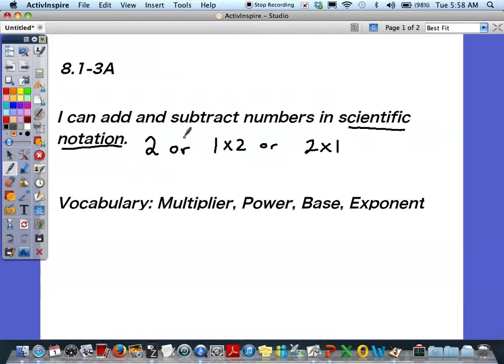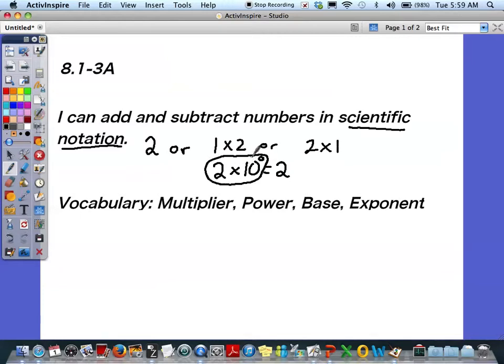Scientific notation is just a form of an expression that expresses a single number. So I could say 2 times 10 to the 0 power, because 10 to the 0 power is 1, that still equals 2. And so this is just an expression of a number in scientific notation.